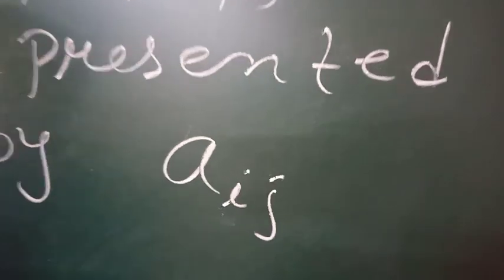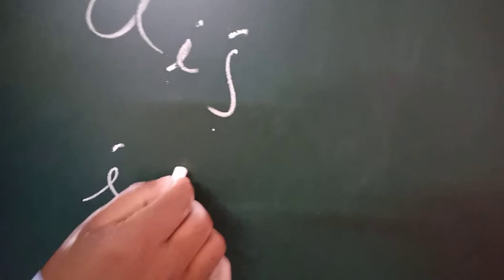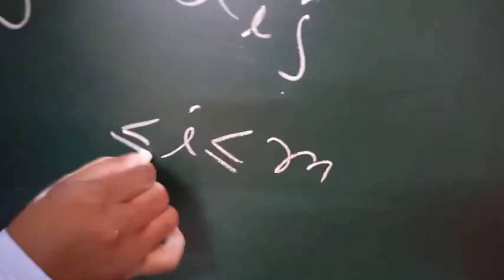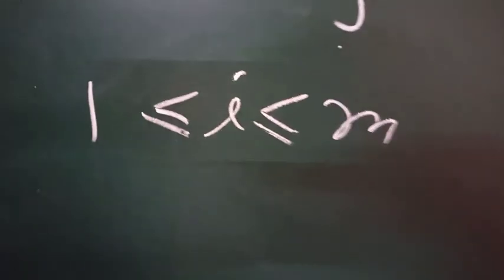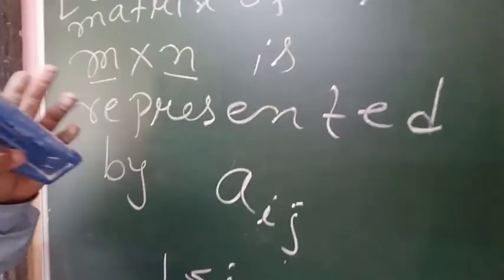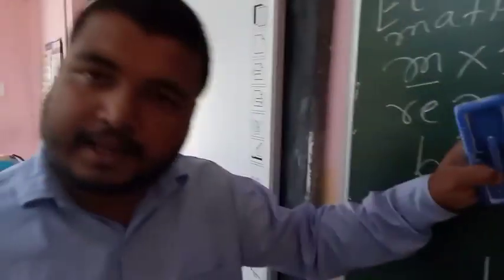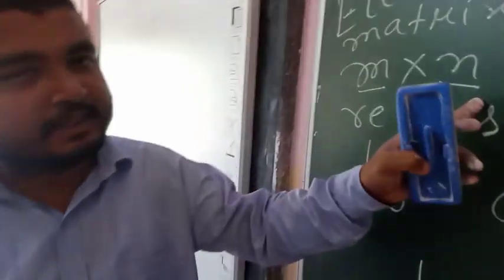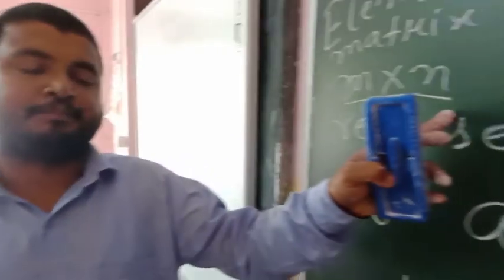Note this down. Here i is the row and j is the column; m is the number of rows and n is the number of columns.